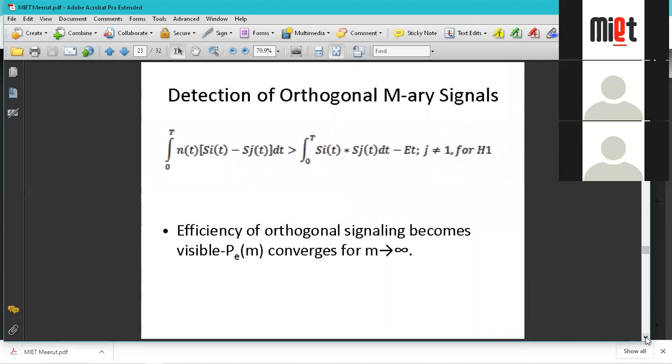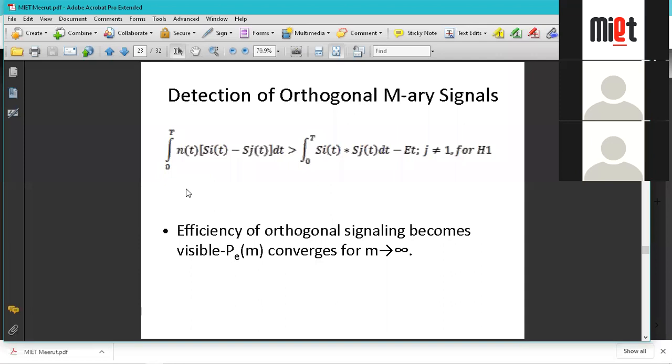Yeah. So now this is an extension of the orthogonal signals based M-ary process in MTI radar. Here I am proposing a kind of hypothesis detection process. So this is a likelihood function.